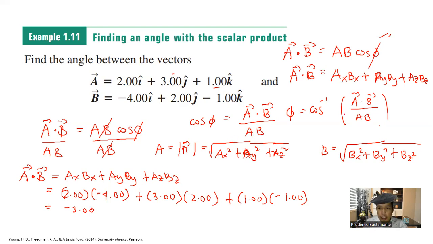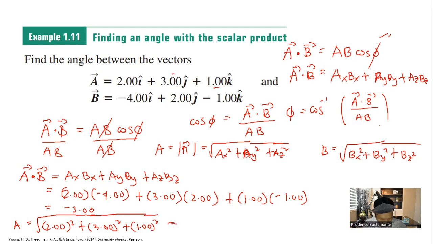So now we need to find what is the magnitude of A. It's just equal to the square root of Ax squared, which is 2.0 squared, plus 3.0 squared, plus 1.0 squared. So we're gonna use our calculator.